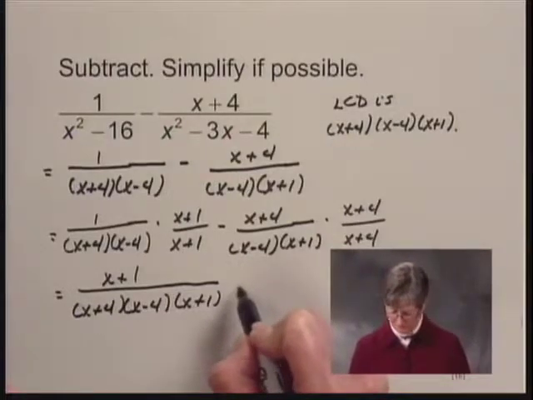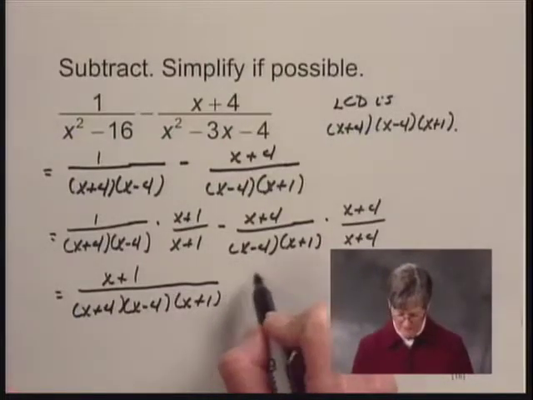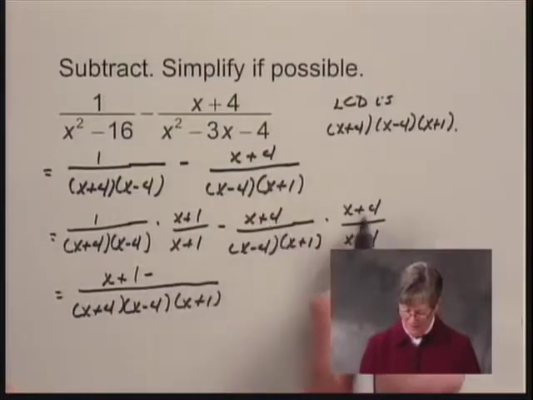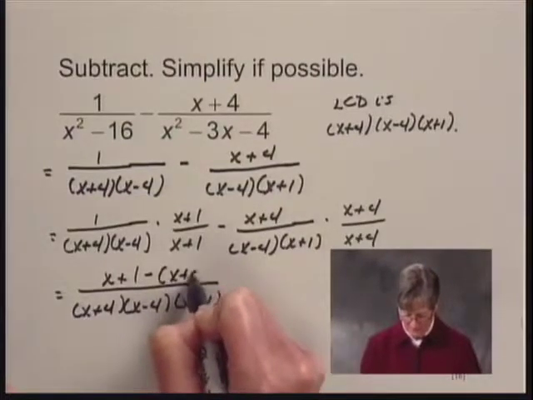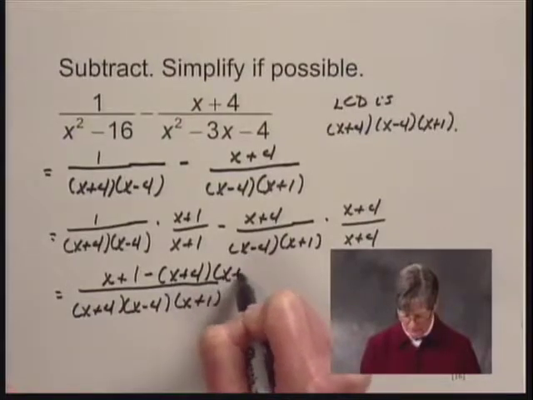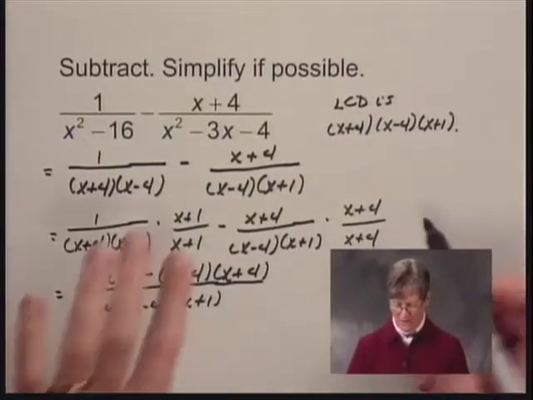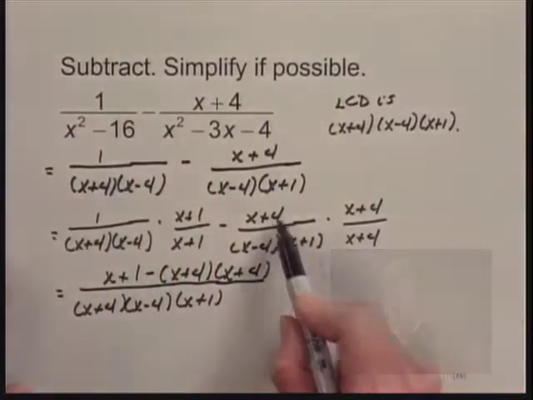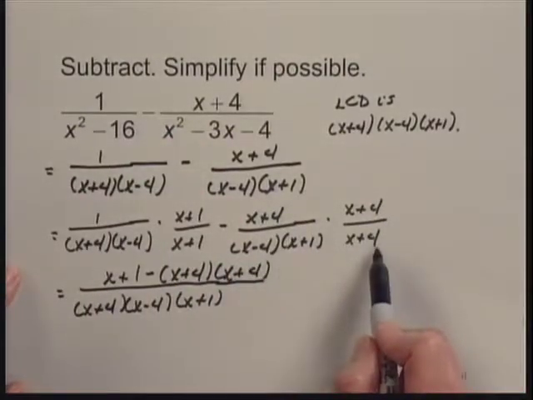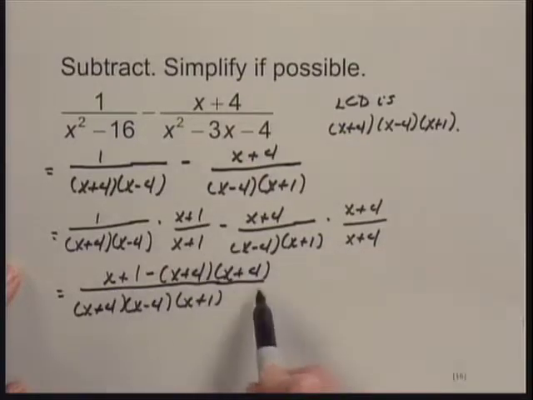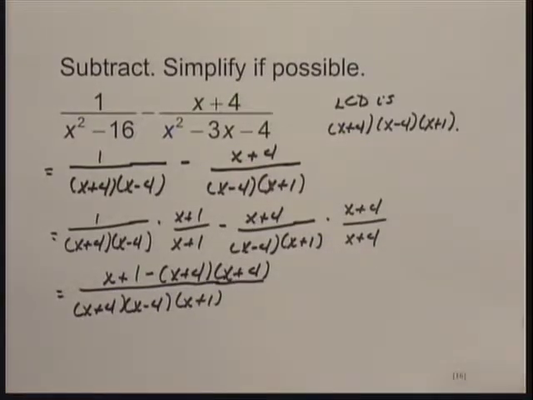I'm going to have minus, I'm going to subtract up here, minus x plus 4 times x plus 4 all over this denominator. When I do this multiplication here, I have x plus 4 times x plus 4 over the least common denominator, and I'm subtracting that. So I've written that in this form, in this step. This is the last step we had.